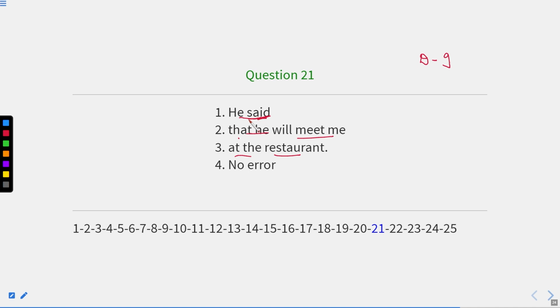Obviously, this is the structure of an indirect speech sentence, so we cannot use a modal directly unless the reporting verb is in present or future tense. So here this verb must have been changed. This will should be converted into would. Therefore, the error is in part 2. So our answer will be 2, that he would meet me. The correct sentence will be, he said that he would meet me at the restaurant.